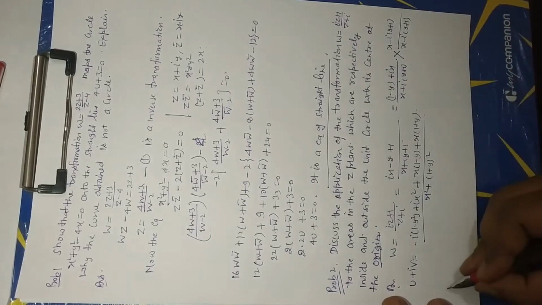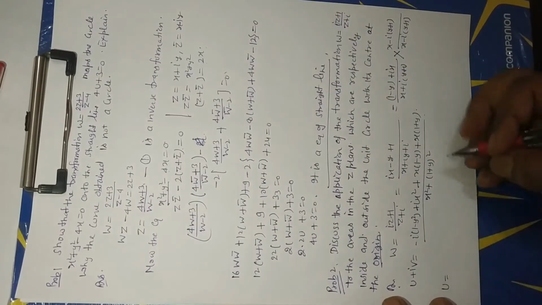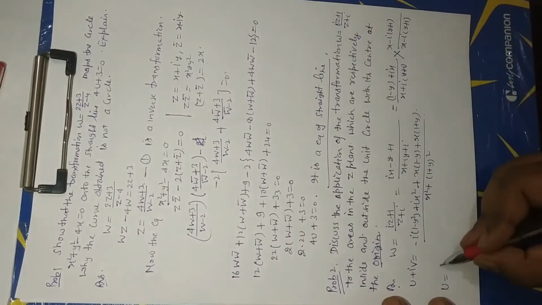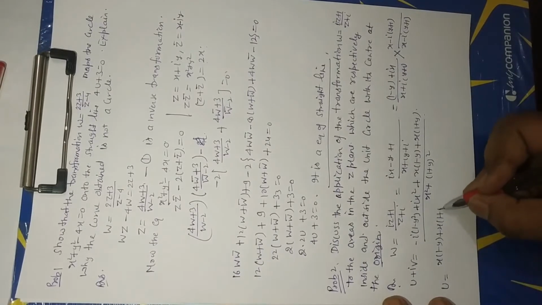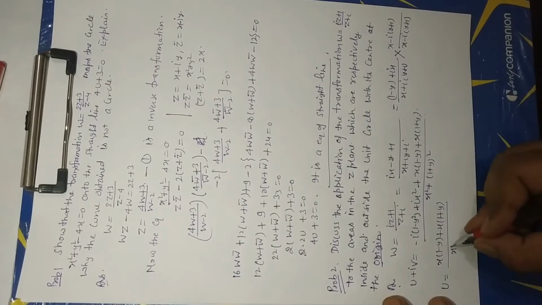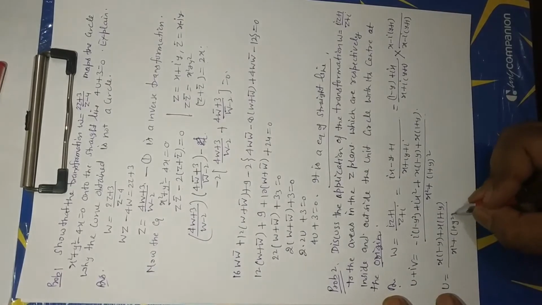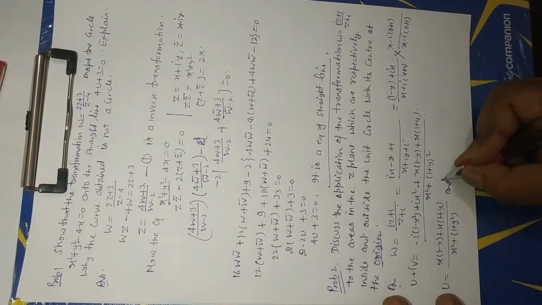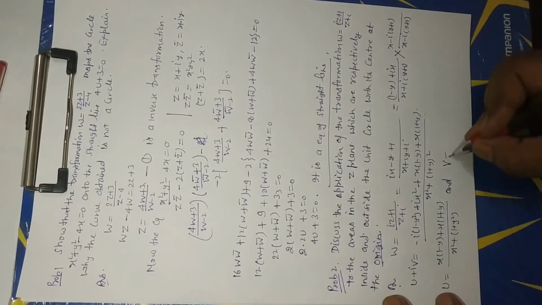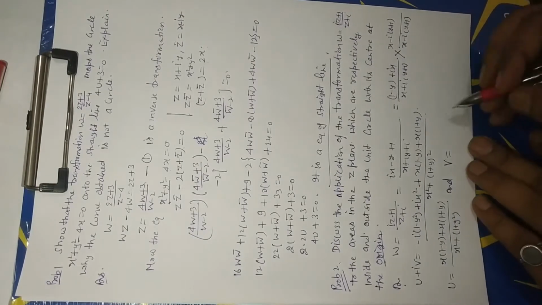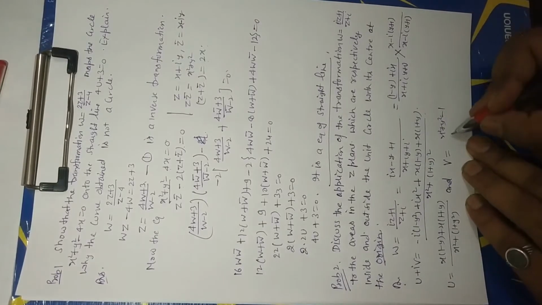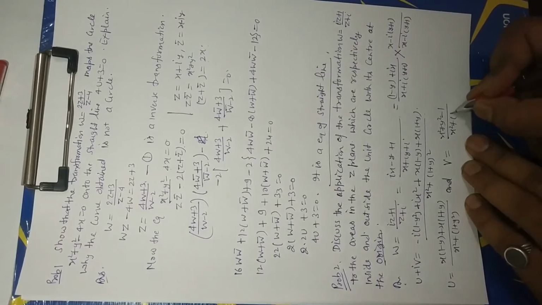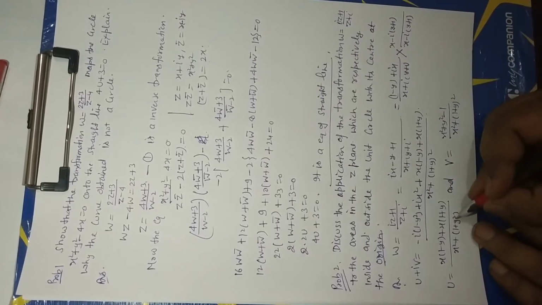Now comparing, u equal x into 1 minus y plus x into 1 plus y upon x square plus 1 plus y whole square, and v equal x square plus y square minus 1 upon x square plus 1 plus y whole square.